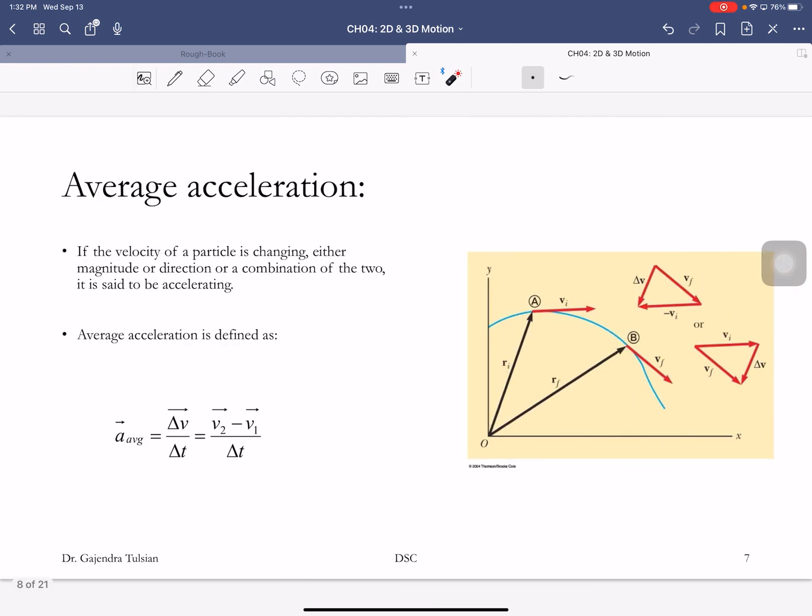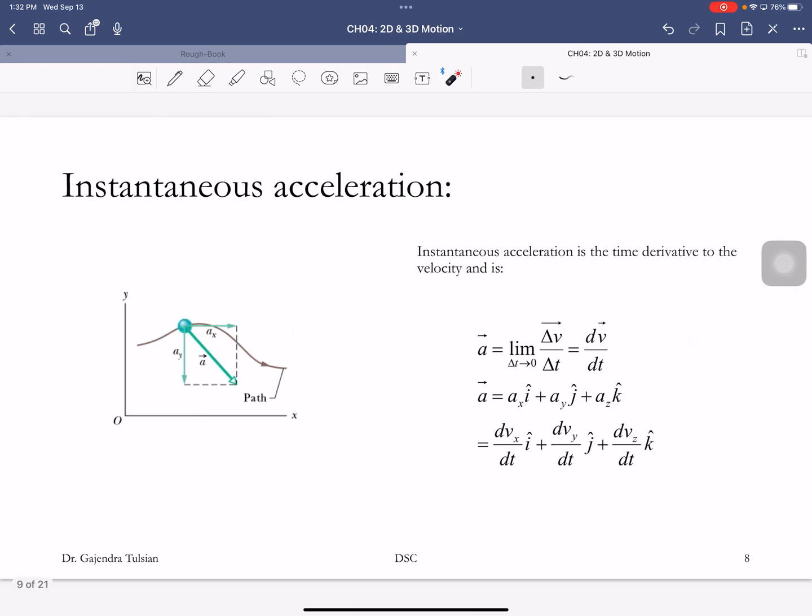Your acceleration is the time derivative of your velocity. So dv by dt: the time derivative of the x component of the velocity gives you the x component of the acceleration, the time derivative of the y component gives you the y component of the acceleration, and the time derivative of the z component gives you the z component of the acceleration.